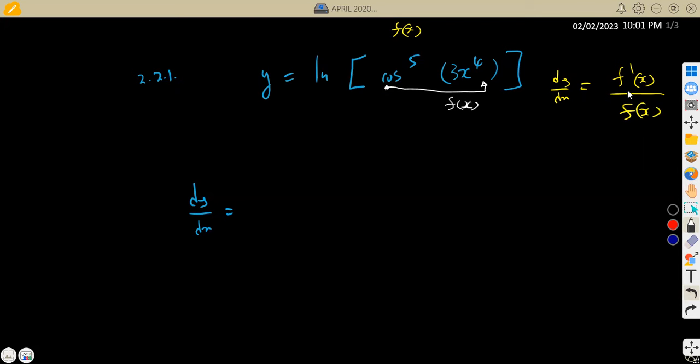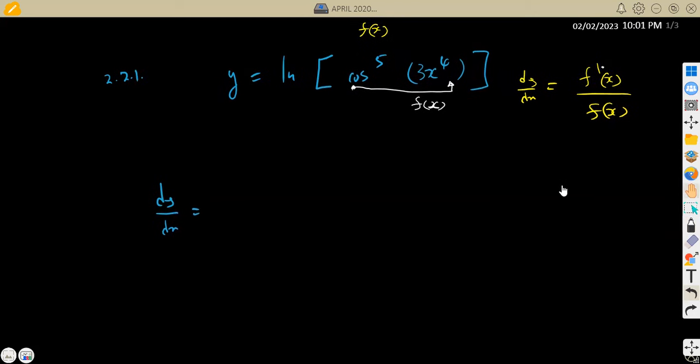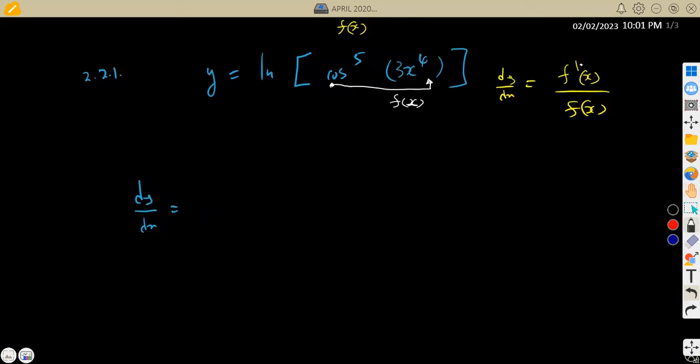So in this case, we are supposed to find the derivative of that with respect to x. So how can you find the derivative of cos to the exponent of 5, 3x to the exponent of 4? We can just write it aside here.